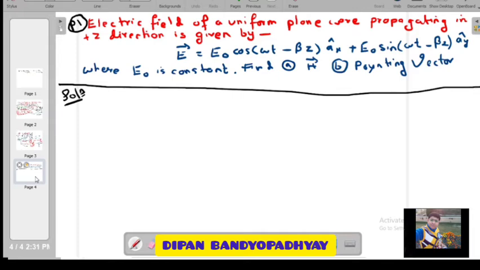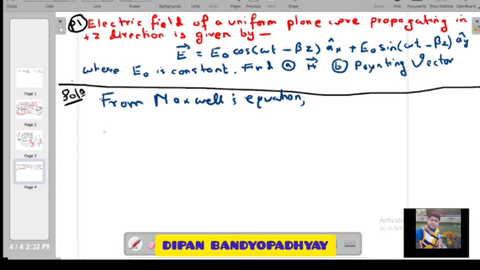You are asked to calculate the corresponding magnetic field, that means from the electric field you need to calculate the magnetic field, and then the Poynting vector, which you can denote by S. So how can we solve this? Simply from Maxwell's equation.